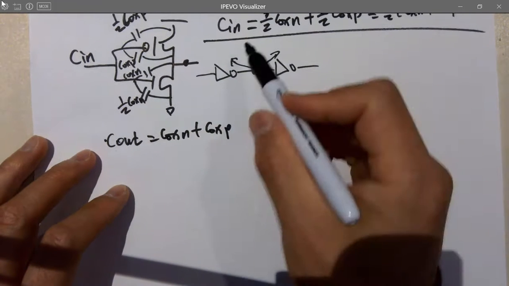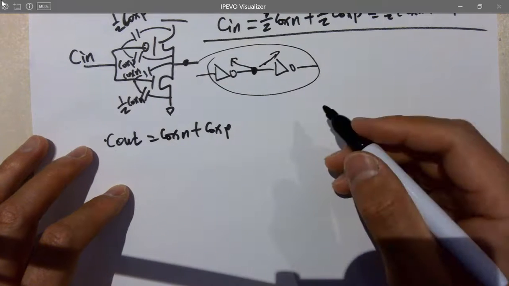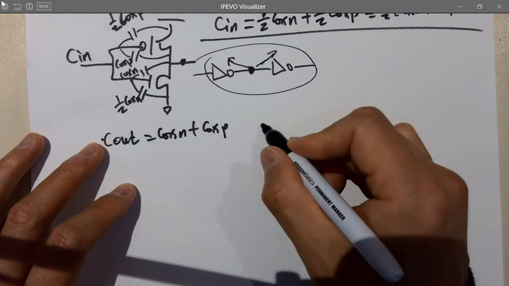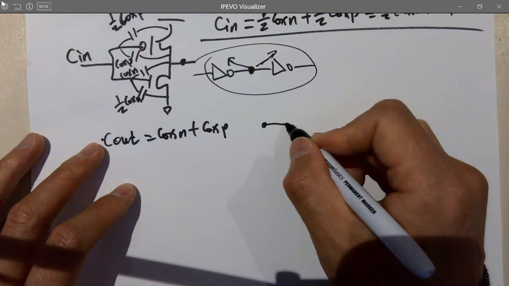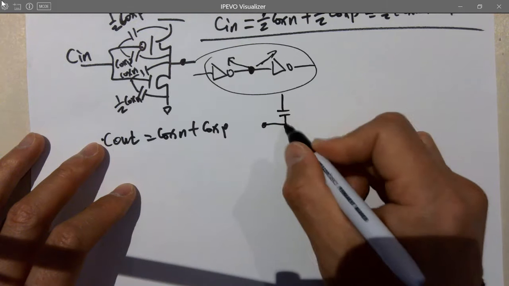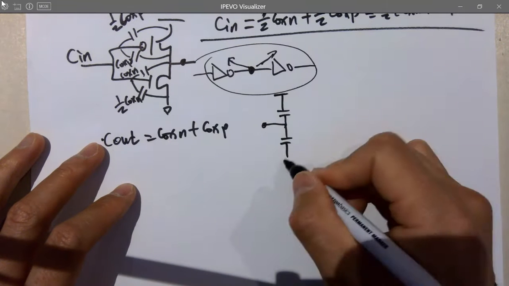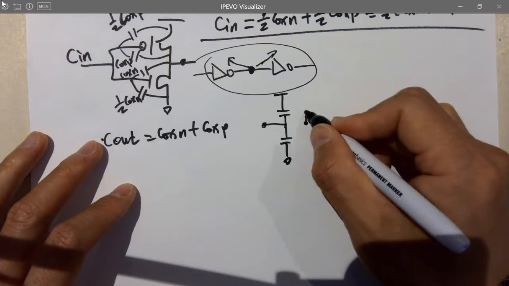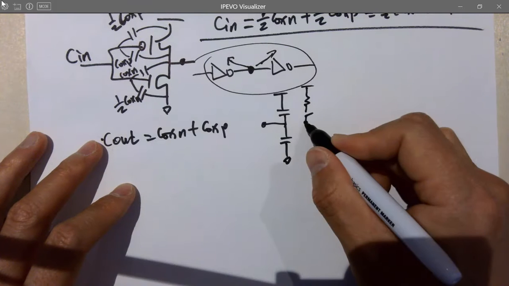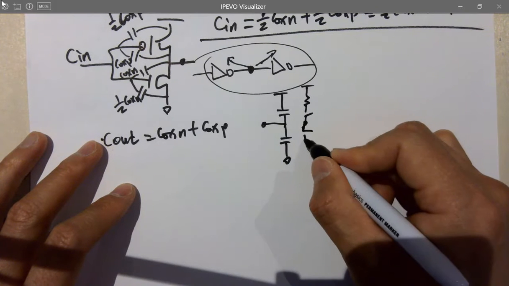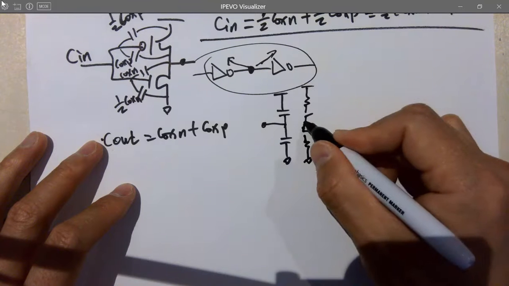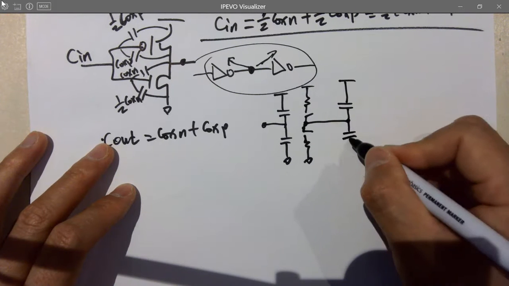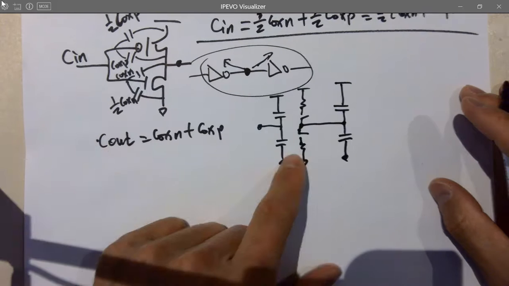Okay, so these are the symbols, but if you draw the circuit, it looks like this. This is one inverter.